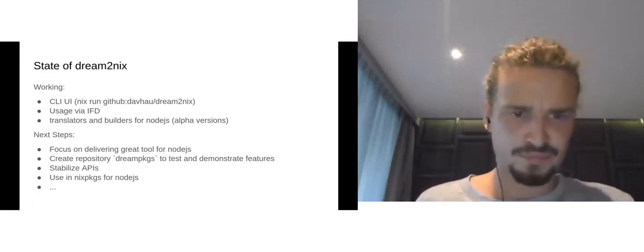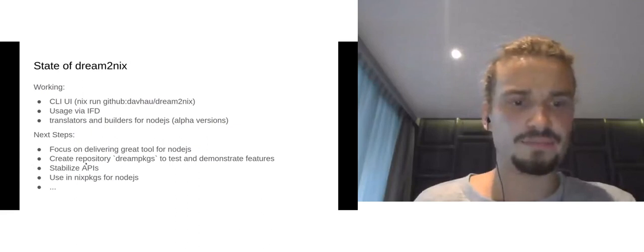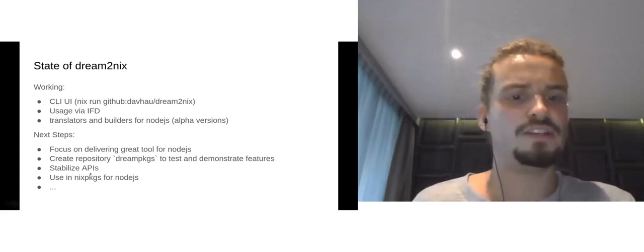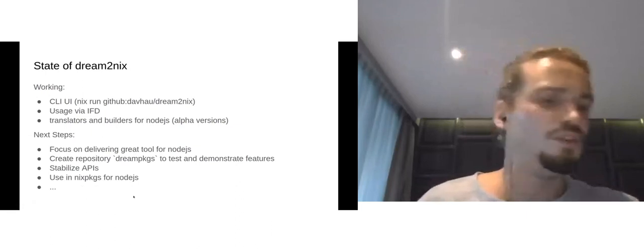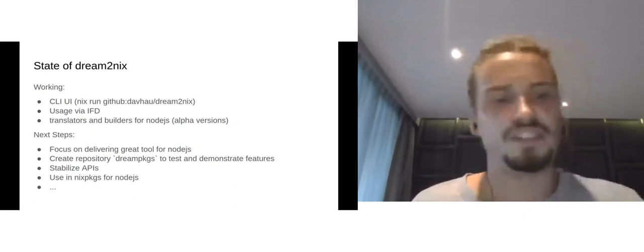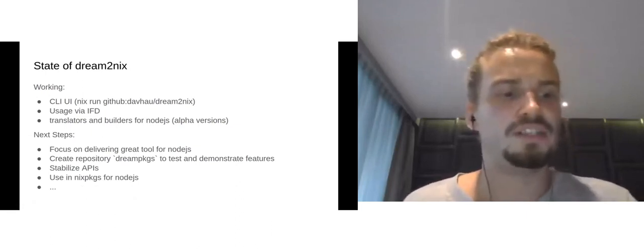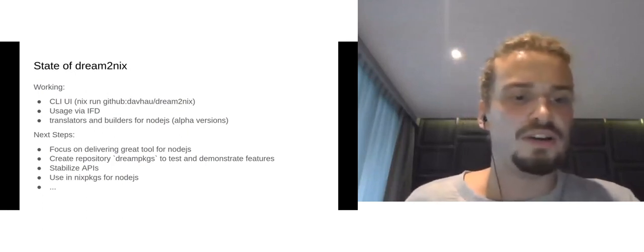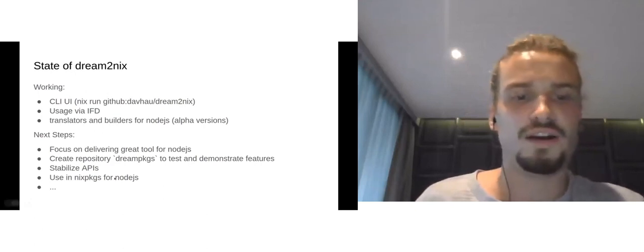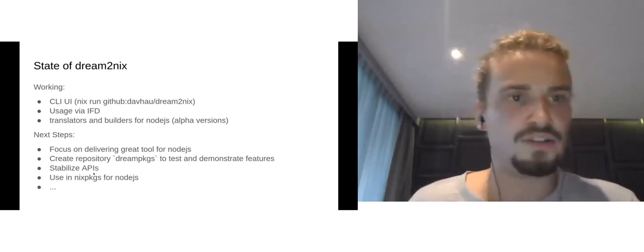And once we have some stable APIs, we can hopefully start using it in Nix packages for Node.js. And then, of course, continue to integrate many more build systems. And actually, this is already in process. Right now, there are already some people who are working on translators for other build systems than Node.js.